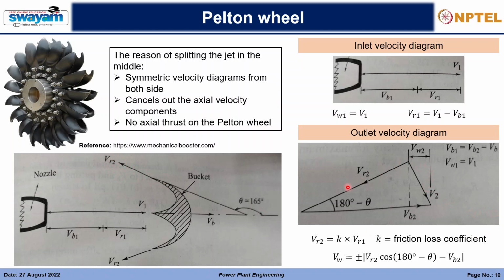So this is the relative velocity, and since the blade is moving in the direction opposite to the relative velocity, we'll have to subtract the blade velocity vector here. If we subtract, we will finally get the absolute velocity.